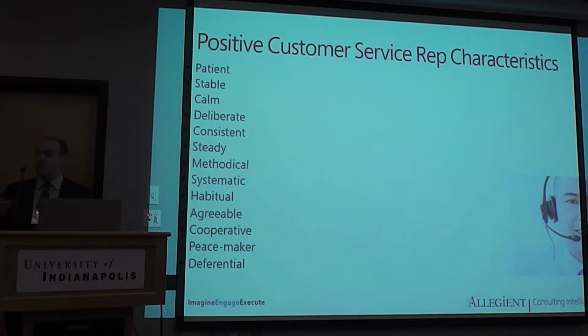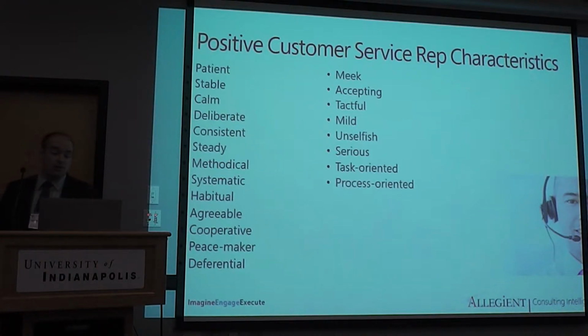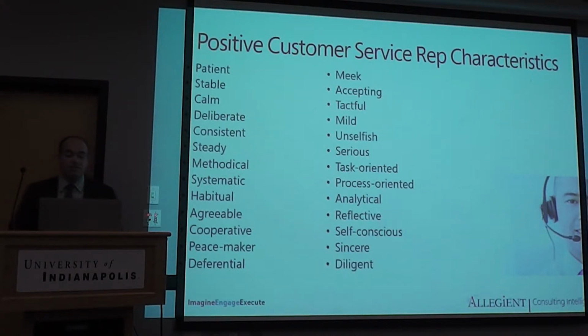Think about how many terrible customer service experiences we've heard about where a customer service rep starts telling off a customer. Right? We don't want that. So deferential, peacemaker, meek, accepting, tactful, mild, unselfish, serious, task-oriented, process-oriented, analytical, reflective, self-conscious, sincere, diligent, detail-oriented, precise.